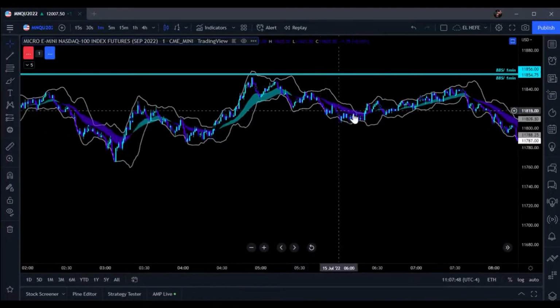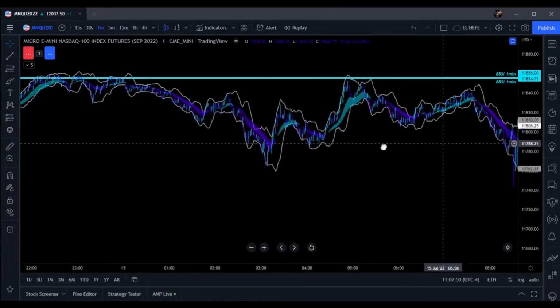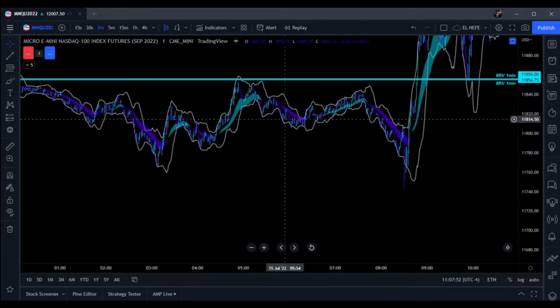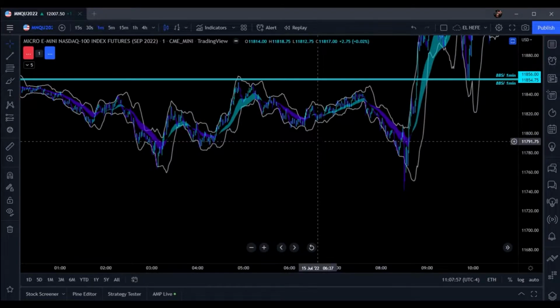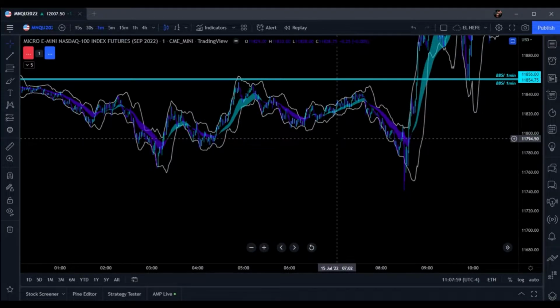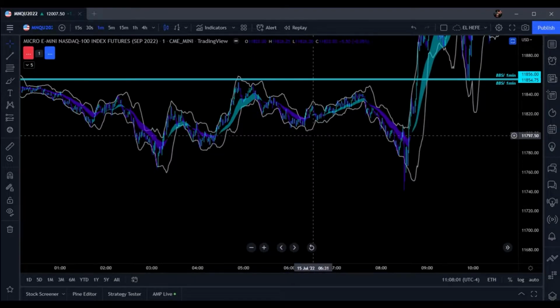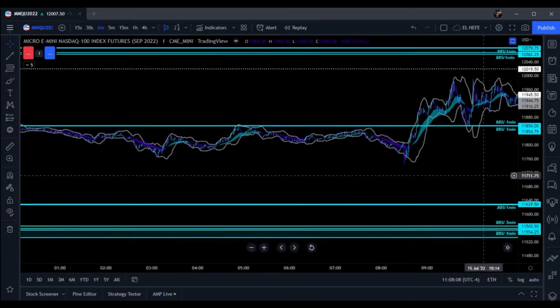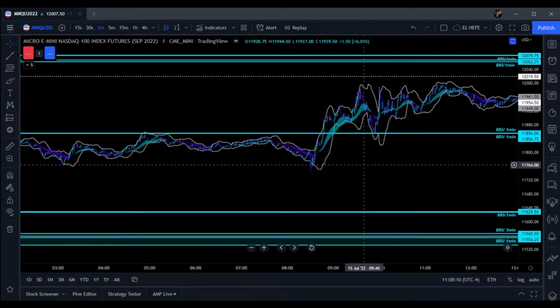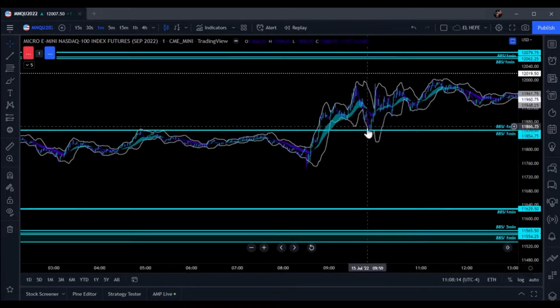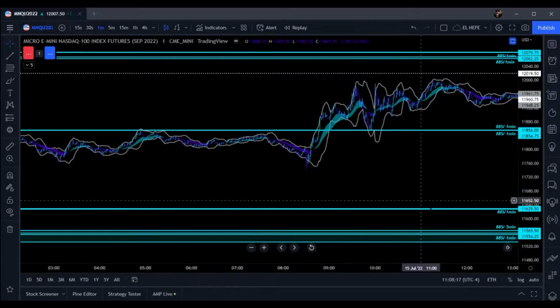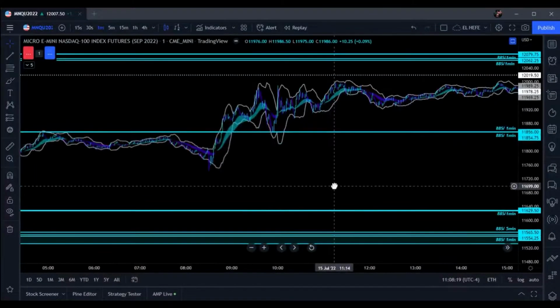Keeping all that into account is where you need to get involved and where you don't, knowing exactly where you should get involved, and it also lets you know exactly where you're wrong. So this is just my forward strategy. It's a Bollinger Band strategy, and I'm looking to trade off of these levels only when the VIX tells me to.